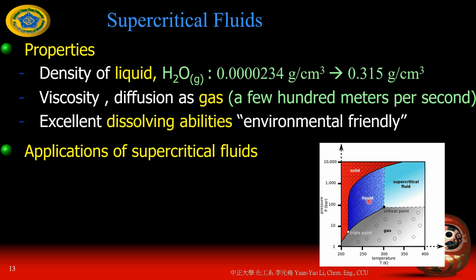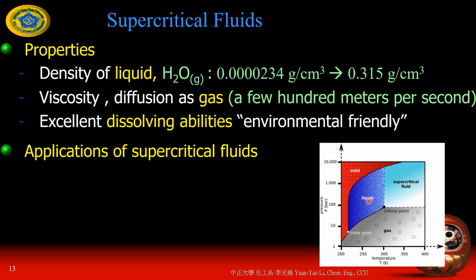So it has excellent dissolving abilities, especially carbon dioxide. Carbon dioxide is a kind of environmentally friendly chemical. Or you can use water, although of course water needs very high temperature and high pressure.